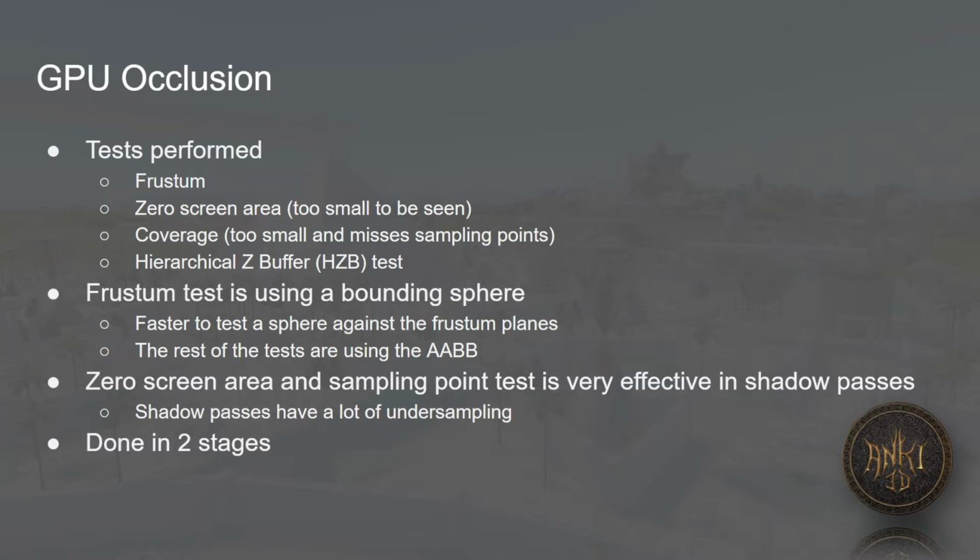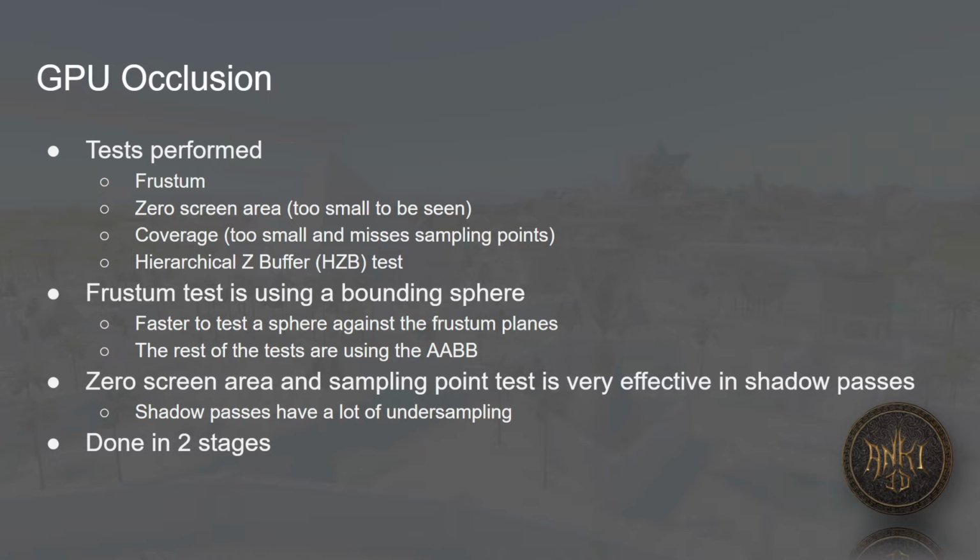Maybe you remember from previously that we were storing the sphere in the renderable bounding volume structure, because testing the frustum planes is faster against a sphere. And the rest of the tests are actually using the AABB. Zero screen area and sampling point tests are quite useful in shadow passes, and this is due to undersampling.